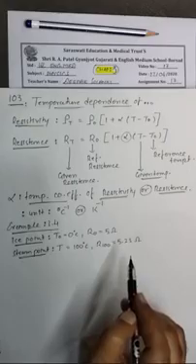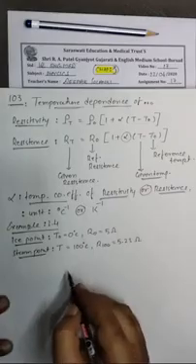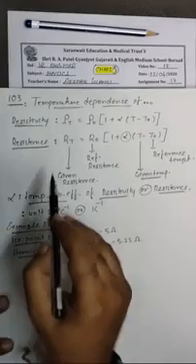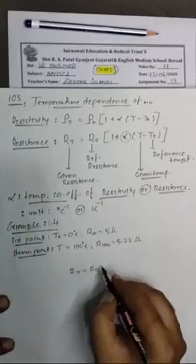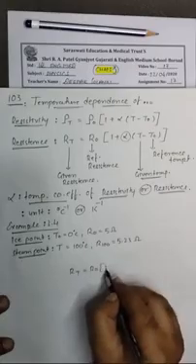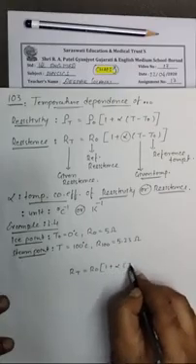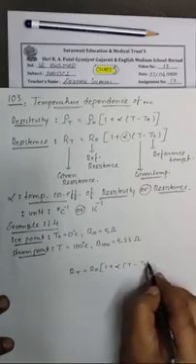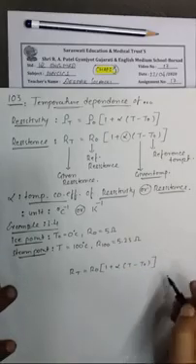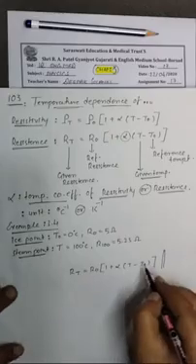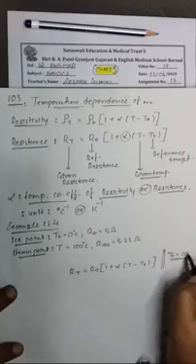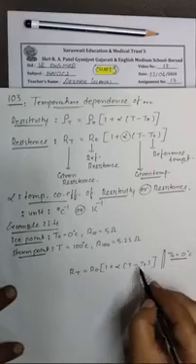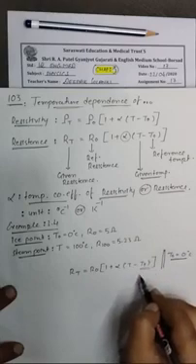Okay, so we know our equation, that is RT is equal to R0 (1 plus alpha (T minus T0)). First of all, what to do? Here T0 is given as 0 degrees Celsius, so this term will become 0.